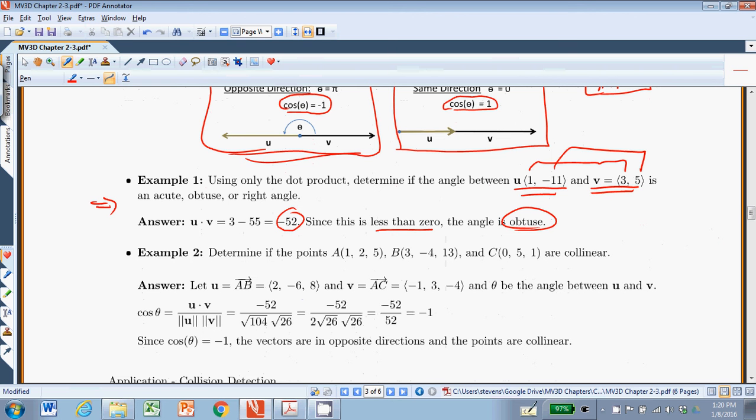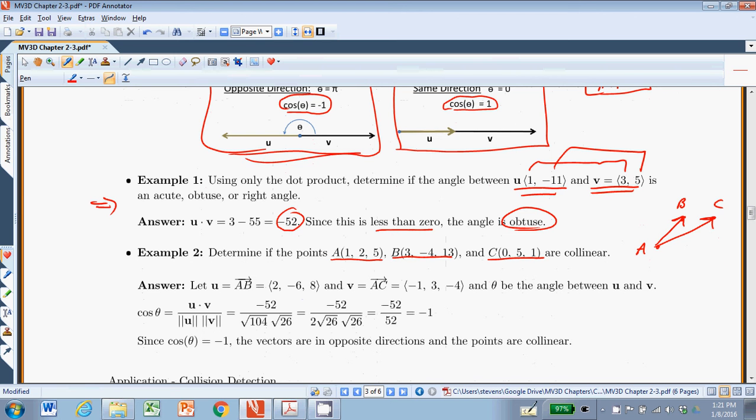Determine if the points A, B, and C are collinear. If I have A, B, and C, I'll look at AB and I'll look at AC. As we've done in previous sections, we're just going to see if AB and AC are parallel.